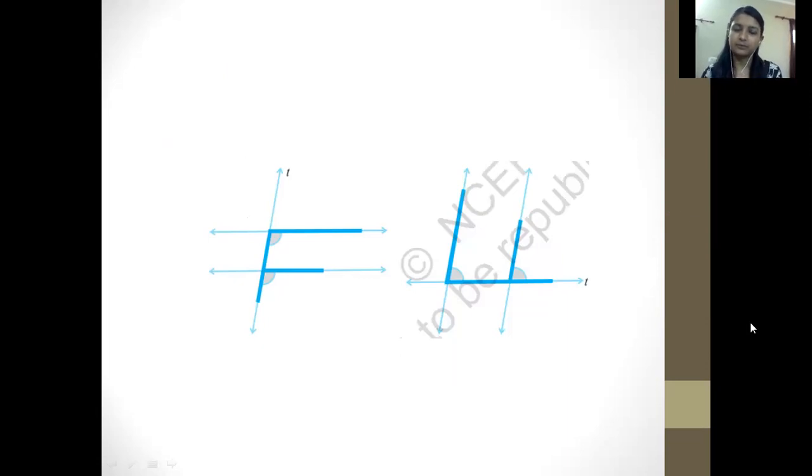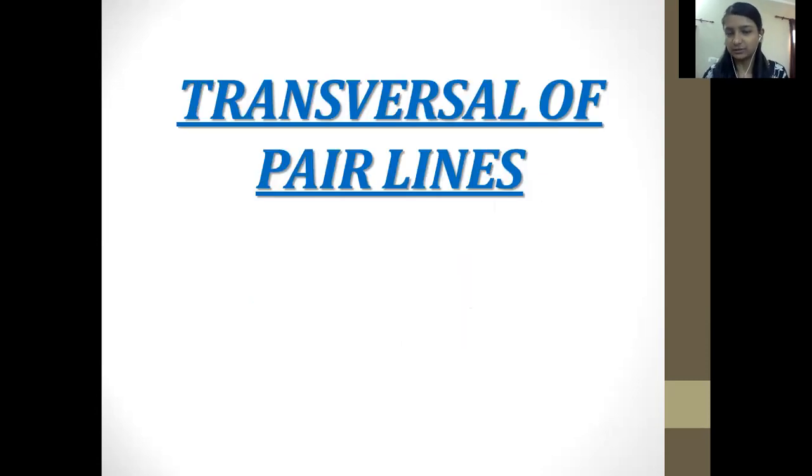These are again the angles which we can observe. They are making some shape like alphabets. Let us see what name we can give to this. That is transversal of paired lines. What is the transversal which is made from paired lines? So this is what our today's topic is.